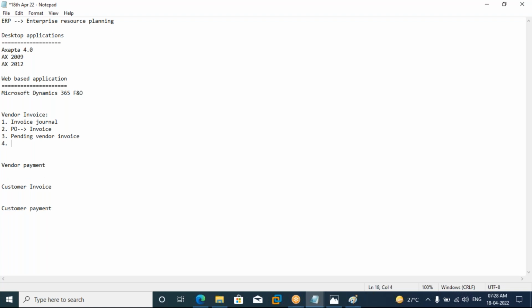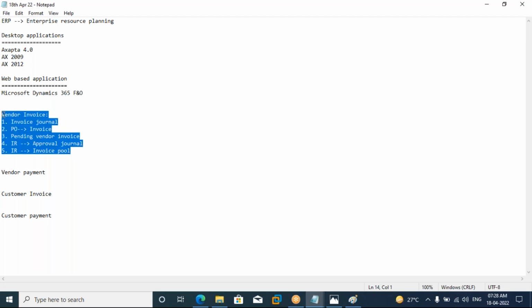Fourth one, invoice register and then approval journal. Fifth one is invoice register and invoice pool. These are the 5 different ways we can do invoicing.